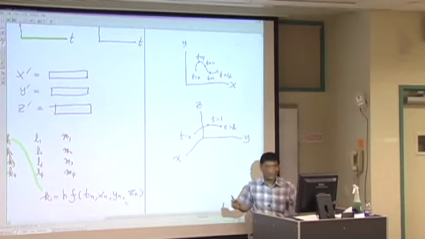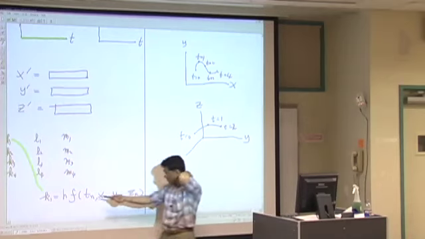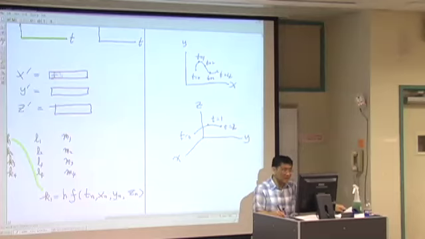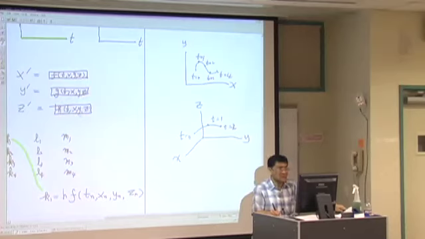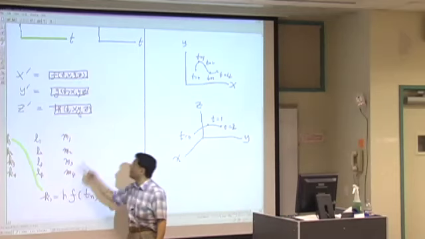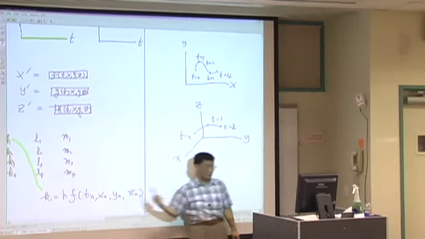So this is all you need to know, right? Where f is given here. F is a function of t, x, y, and z. Similarly, y prime is g of t, x, y, and z, and z prime is h of t, x, y, z. Right? So these are all given by the problem. You don't have to worry about f or g or h. These are all given by the problem.